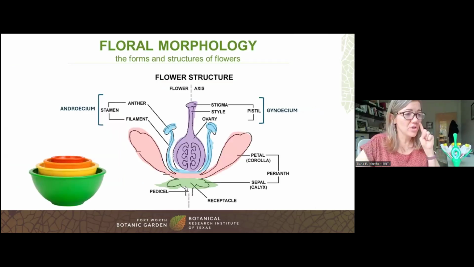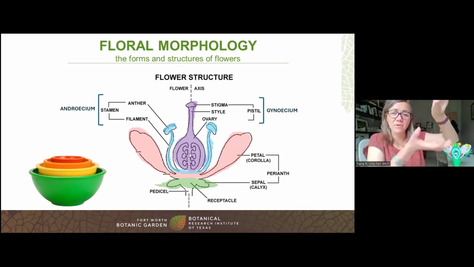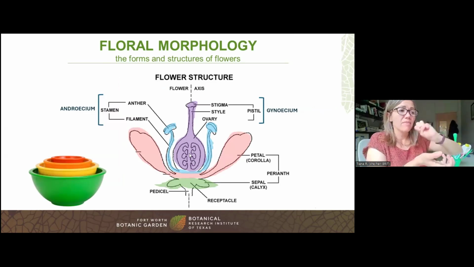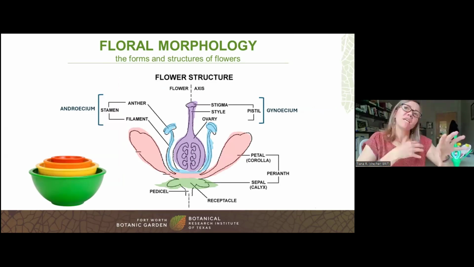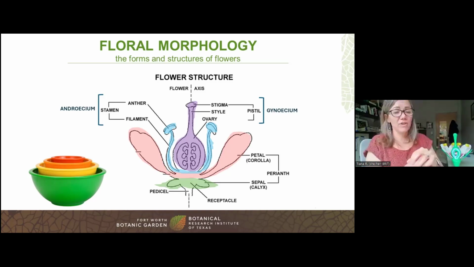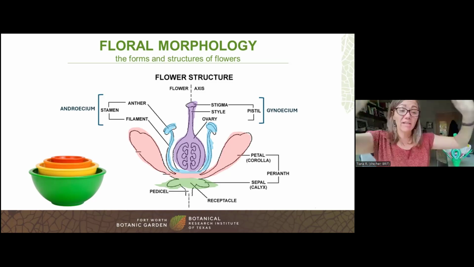All right, y'all notice how this ovary, the purple part, is sitting on top of all the other whorls. That's known as a superior ovary. That's the placement of the ovary relative to the other parts. That ovary can actually be inferior, which means all the other parts are kind of connected above it.